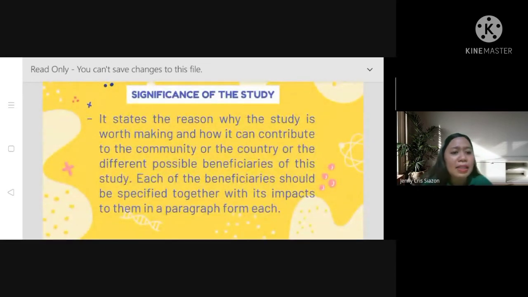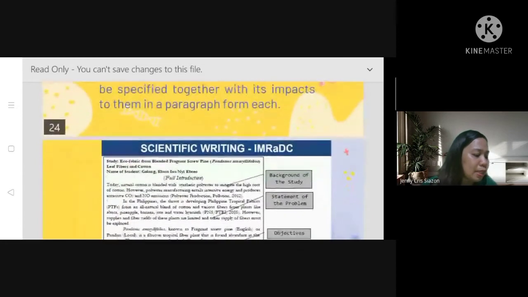So significant, sinasabi lang dito bakit importante yung study natin. Why is this beneficial to the community? How it benefit no the community? So you have to state this in paragraph.